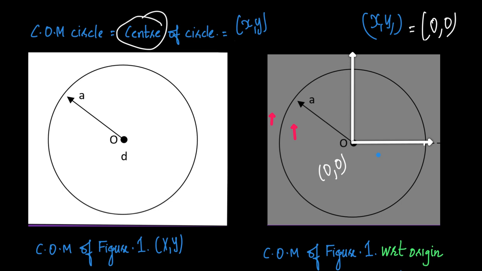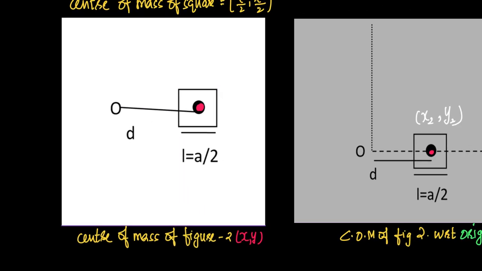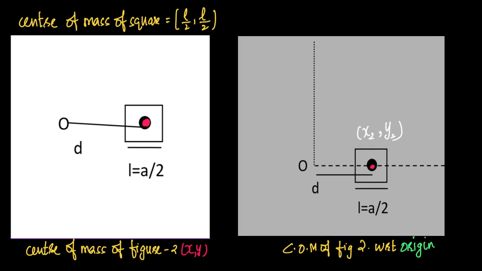To go one step further, let us say this point is A, which would be a comma 0, and the point here B would be 0 comma a. Now what about the second figure? The second figure is a square. We know the center of mass of a square is L by 2 comma L by 2, half of length and half of width, which comes to around this point. The question gives this distance as d, so the center of mass of figure 2 is at L by 2 comma L by 2.